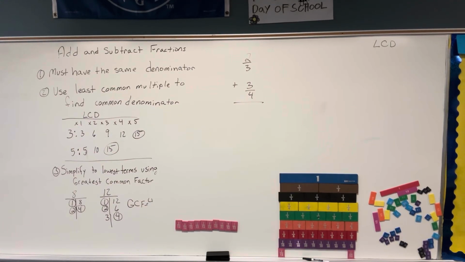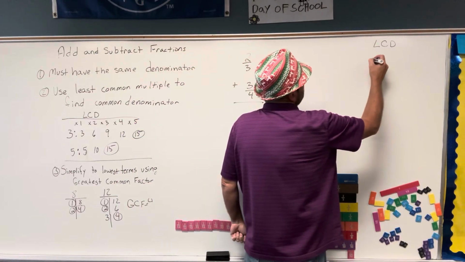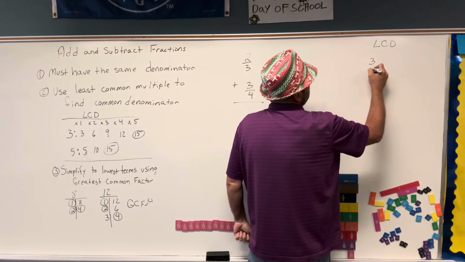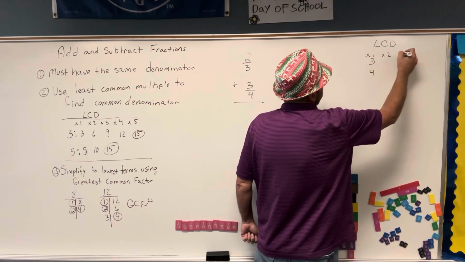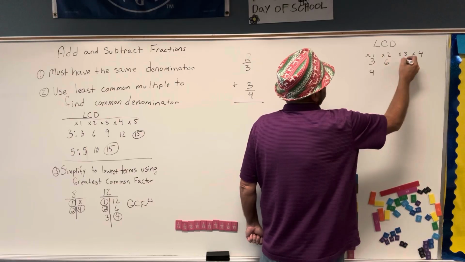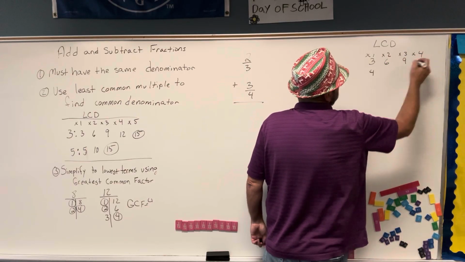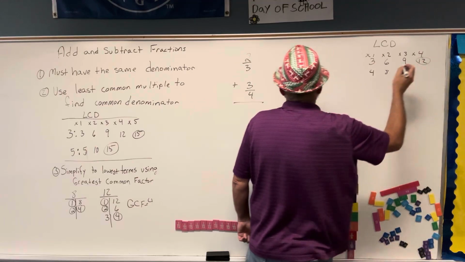2/3 plus 3/4. Can I add them the way they are? No, I cannot add them the way they are because they do not have the same denominator. If I have a multiplication chart, I can look in the row that starts with 3 and the row that starts with 4 and find the first one they have in common, which is 12.